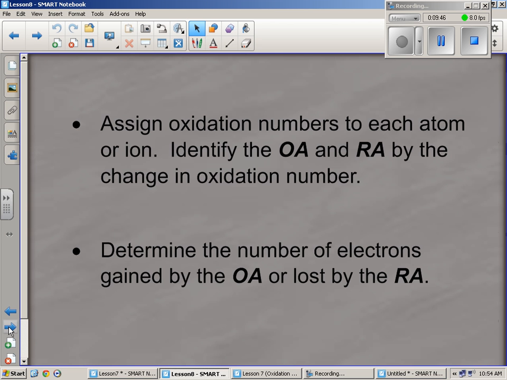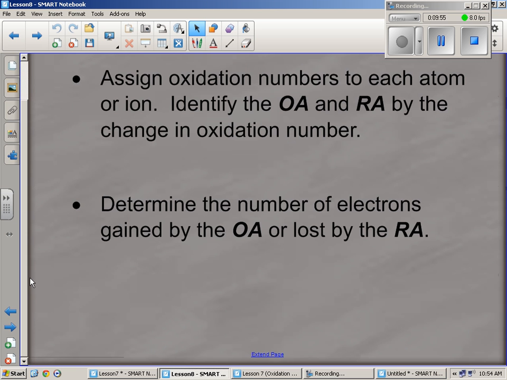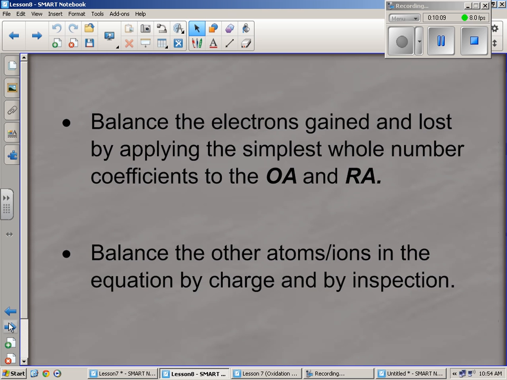So step 1: assign oxidation numbers, identify the OA and the RA. You're going to determine the number of electrons gained by the OA or lost by the RA, whichever you wish to do first. Well, you got to do both. Whatever you do, you need to balance out those electrons. When we went over our quiz today, I said, we got to balance out the electrons, right?